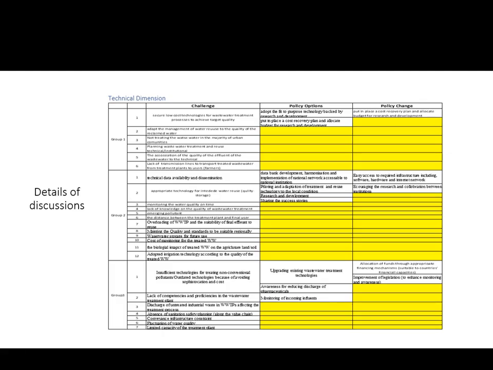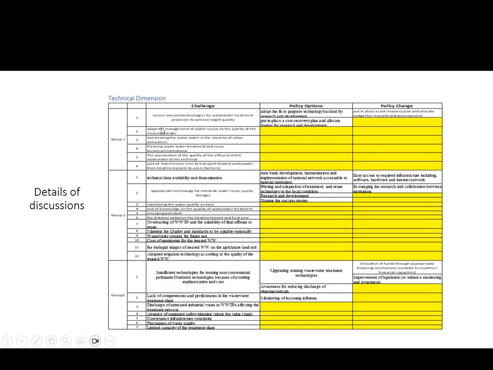The discussions, or the output I got from the reporters, is a lot of sentences that he summarized, and then I put them in this big table here. Like, for example, for Group 1, they had 6 challenges and 2 policy options and 1 policy change.